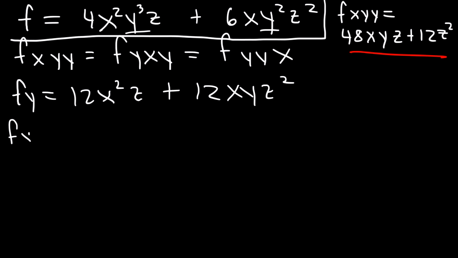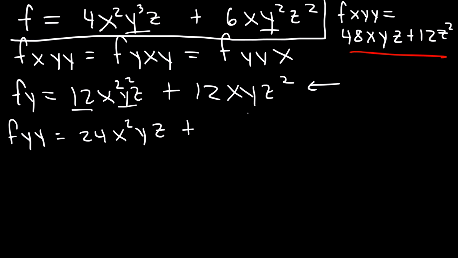Now let's find the derivative of this function with respect to y. So the derivative of y squared is 2y times 12, that's 24x squared y z. And the derivative of y is 1, so times everything else, which is going to be 12x z squared.